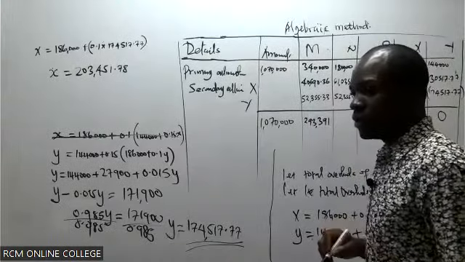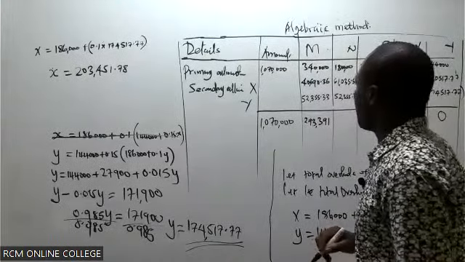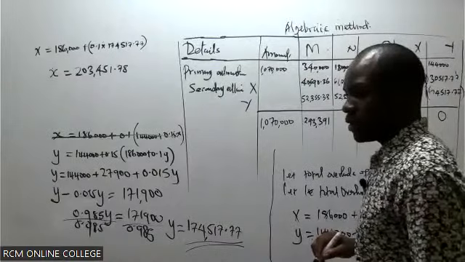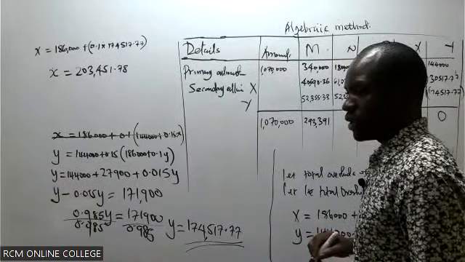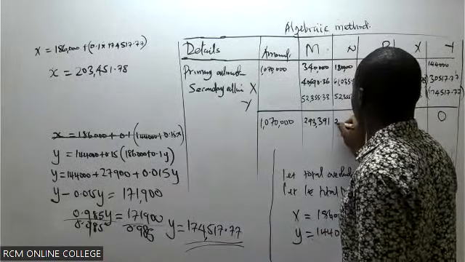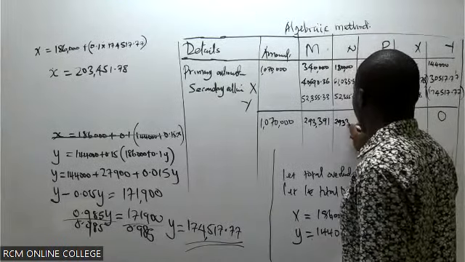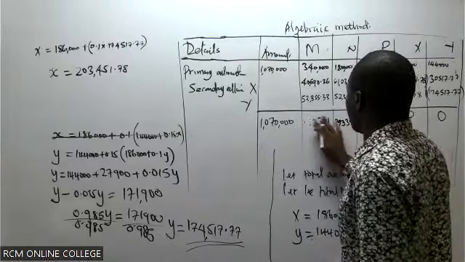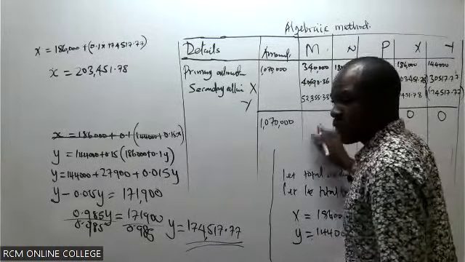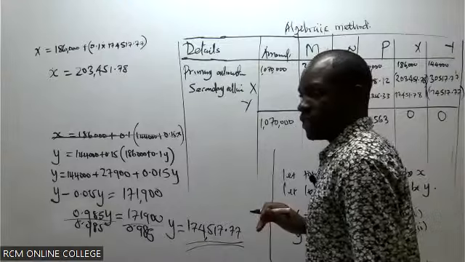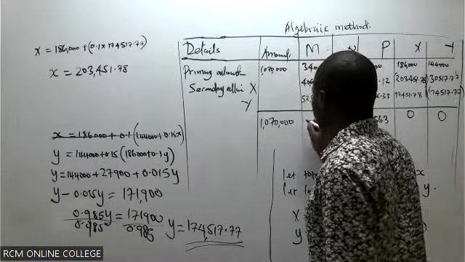How about N? M is 293,391, na hii ingine nimeambiwa ni 433,046.